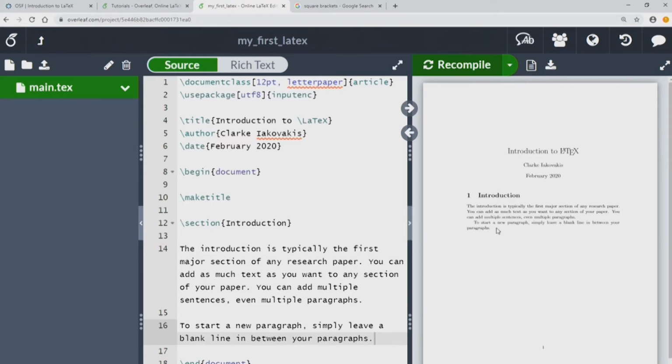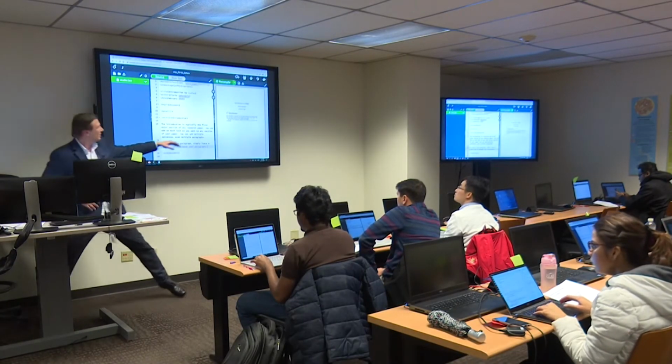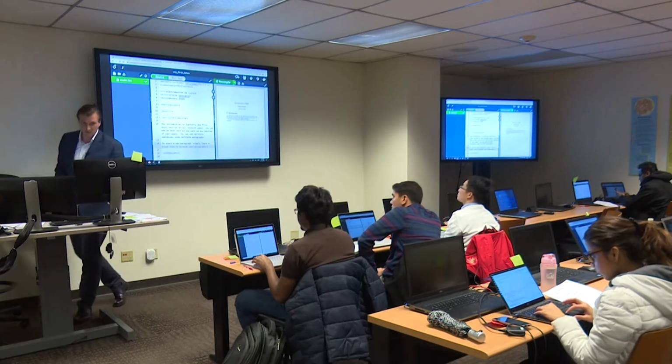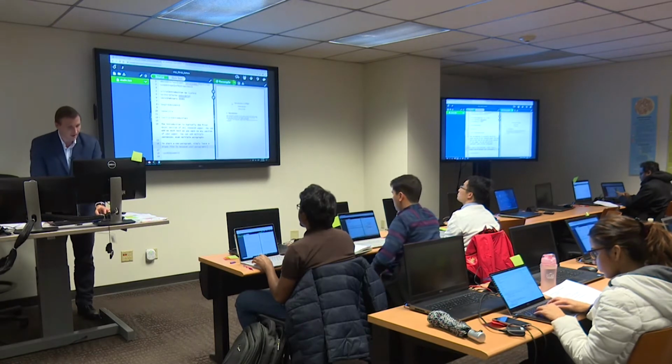Now, a few things you might notice: the first paragraph is not indented, and the second paragraph looks a little bit close to the first paragraph. Those are some of the parameters that you can set in your preamble.